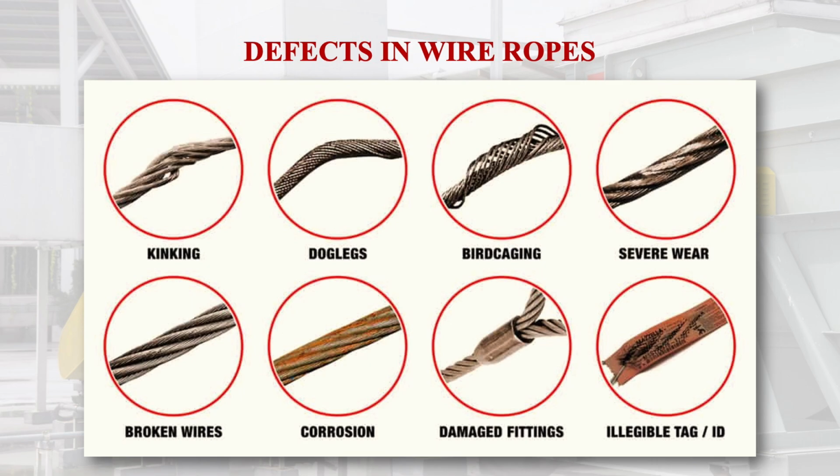But suppose many strands have come out, and at different places you are finding wires coming out of the strand, then you should be cautious and inspect the entire crane thoroughly along with the load lifting. If the wire rope is defective, then it should be replaced immediately.